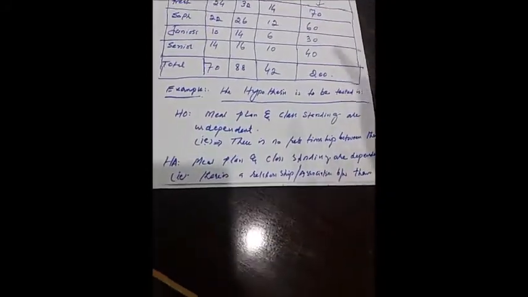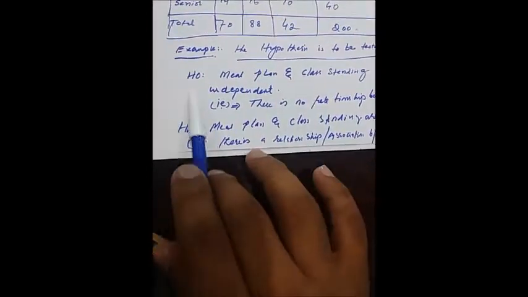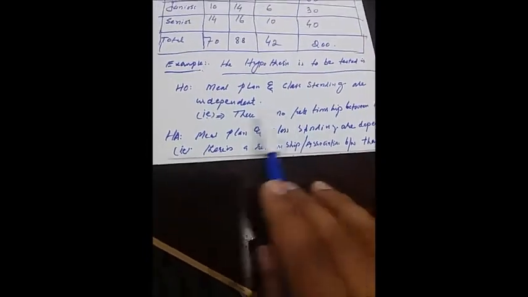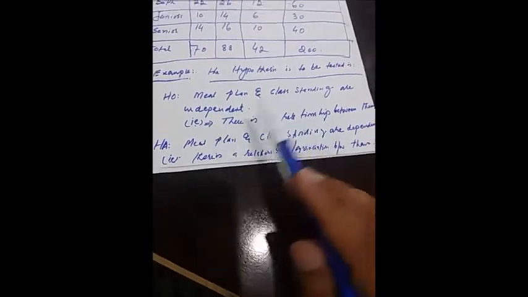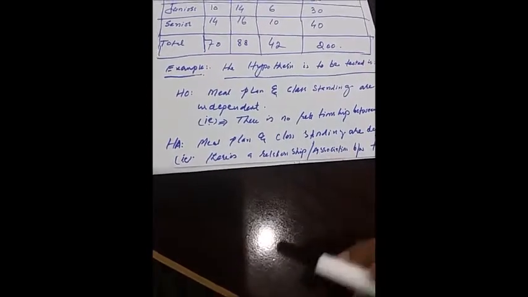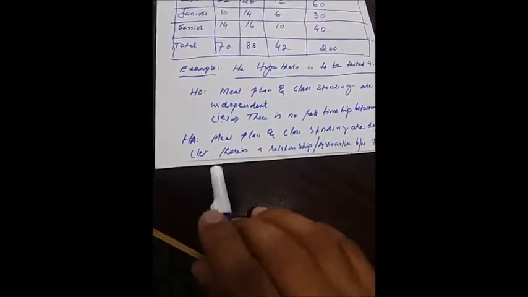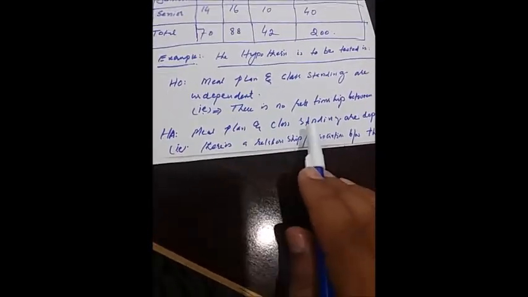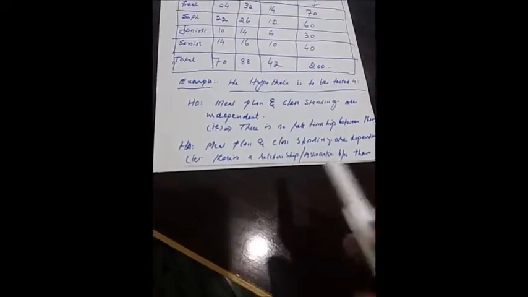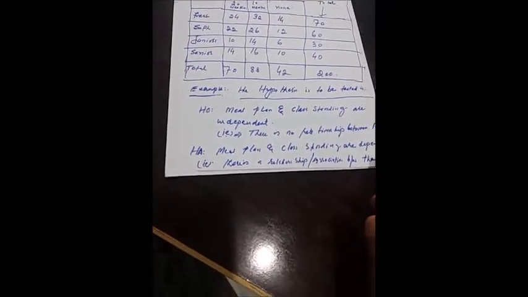So we formulate the hypotheses. The null hypothesis says that meal plan and class standing are independent, with no relationship or association between them. The alternative hypothesis says that meal plan and class standing are dependent and there is some kind of relationship between these two categorical variables.